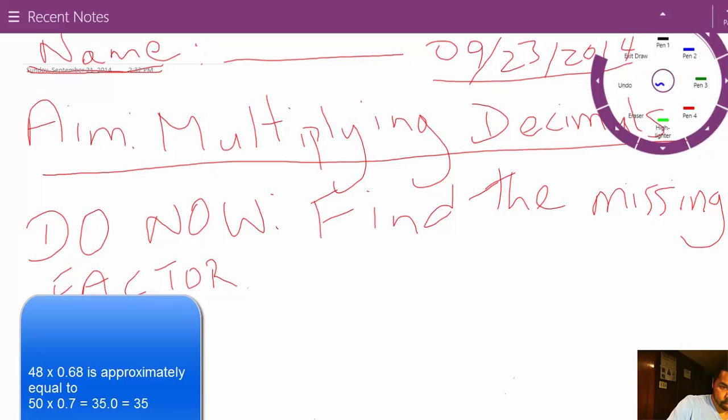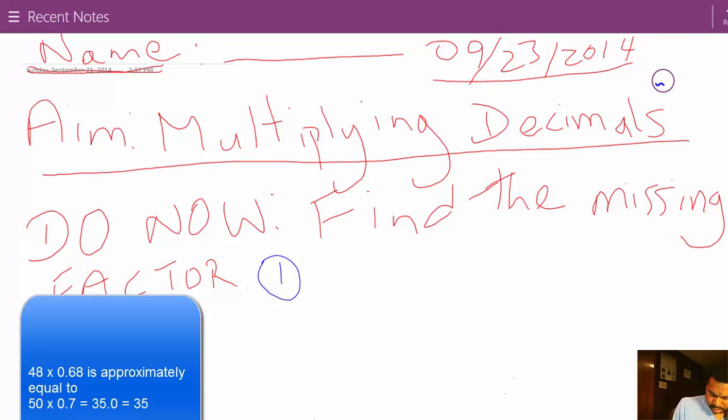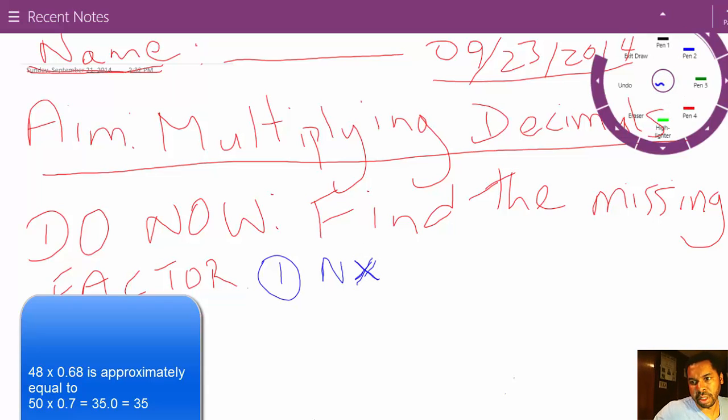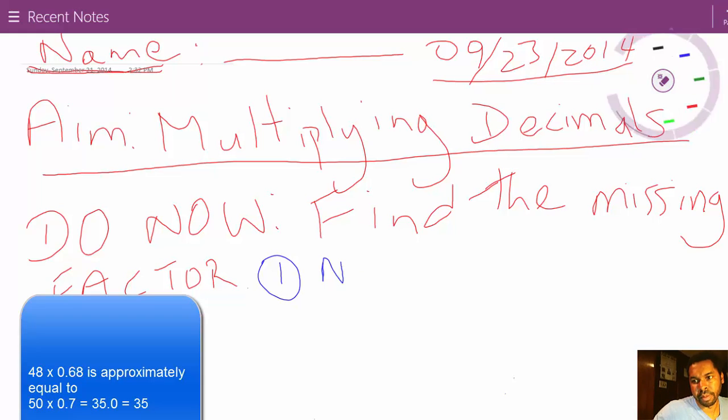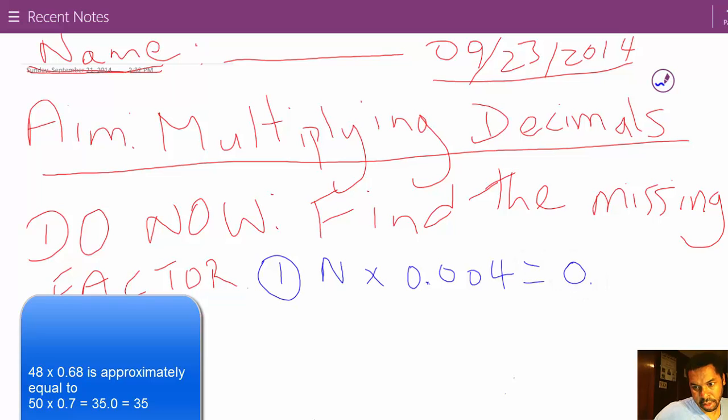So the first question would be: a certain number, let's suppose I call that number n, n times 0.004 is equal to 0.4.